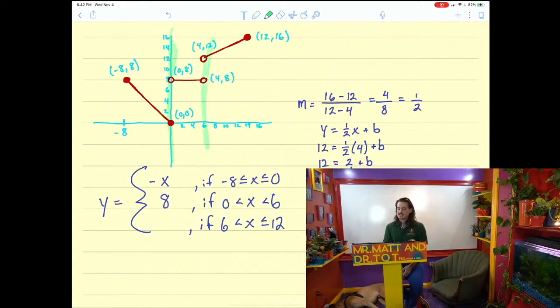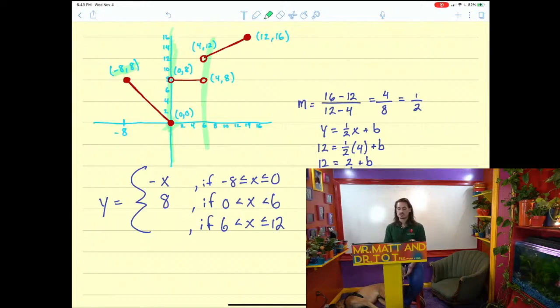On the right-hand side, notice that we go from negative 8, 8 to 0, 0. So because they're the same value, it's like negative 8, 8, the change, and it's going to 0, 0. The change here is going to be the same. It's going to be 8 minus 0 over 0 minus negative 8, which is going to end up being negative 8 divided by 8, which is a negative 1 slope.